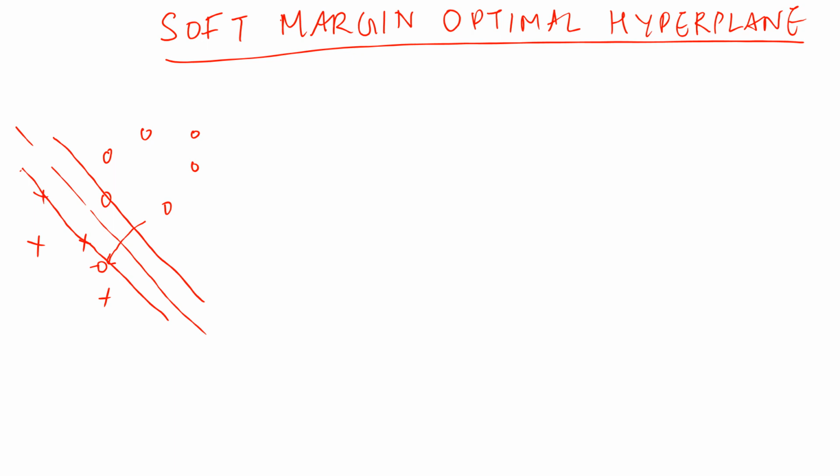Now, what does it mean in terms of solving the actual hard margin problem? Let's look at the original hard margin problem. And this, by the way, was the hard margin, this thing here. Now we allow some sort of movement of points from this margin. So obviously something needs to change in the original optimization problem. The original one looked something like this.